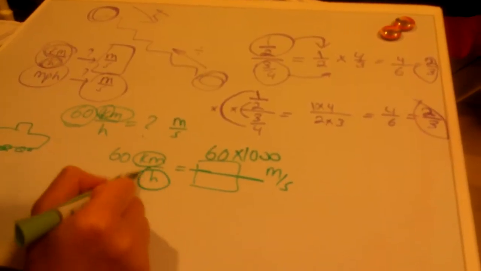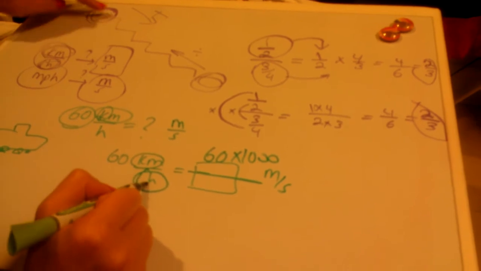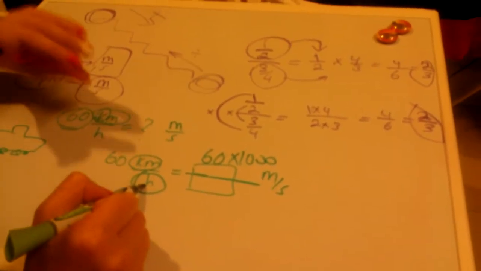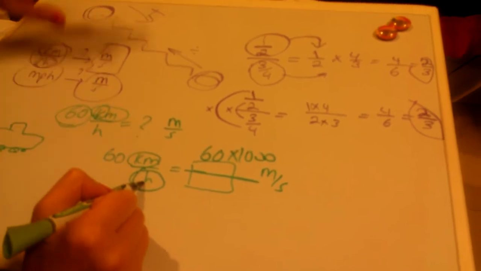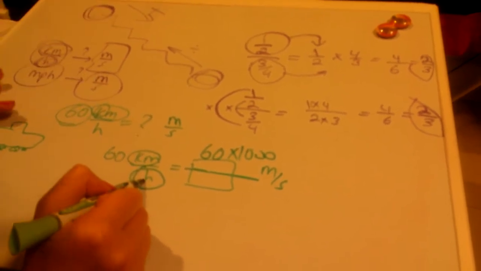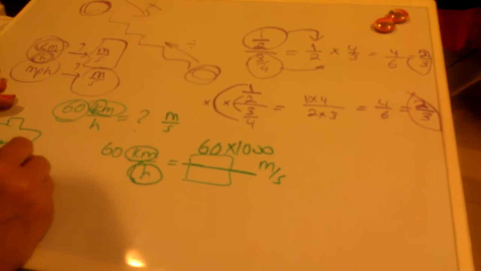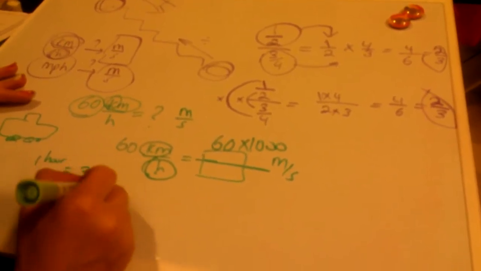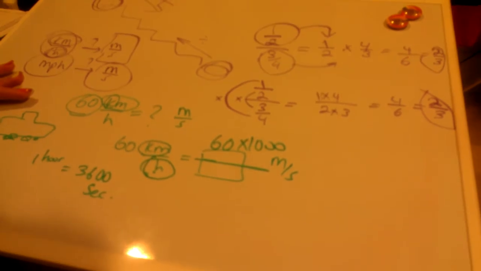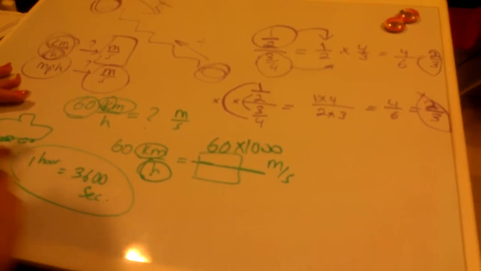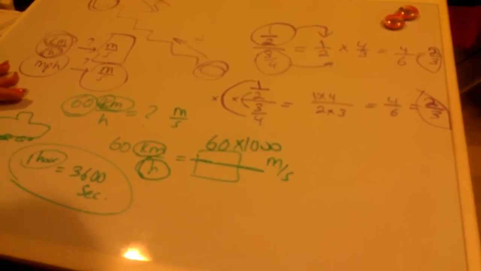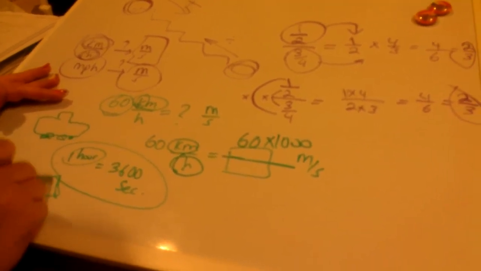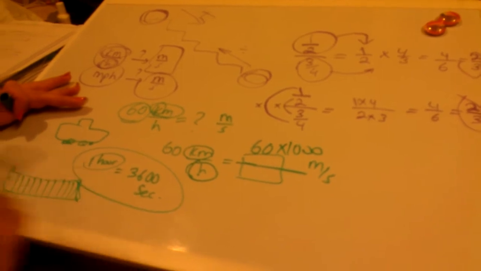And then for the denominator, I have hour compared to seconds. So I know seconds are little smaller units and hours are bigger units. I know that in 1 hour, there are 3,600 seconds, okay? So basically 1 hour is a bigger chunk, and in every single 1 hour, there are like 3,600 little seconds.